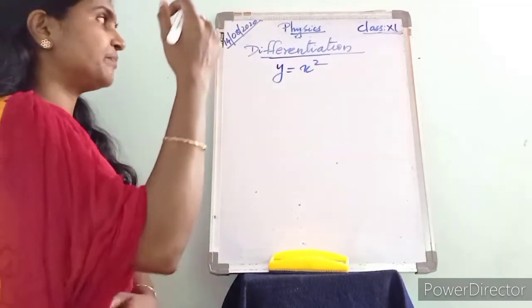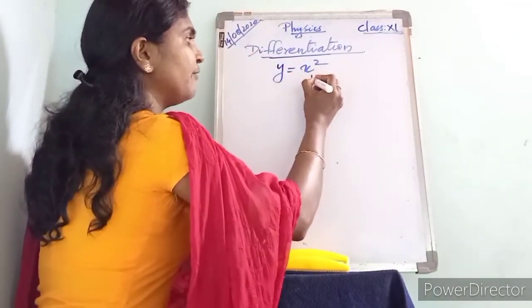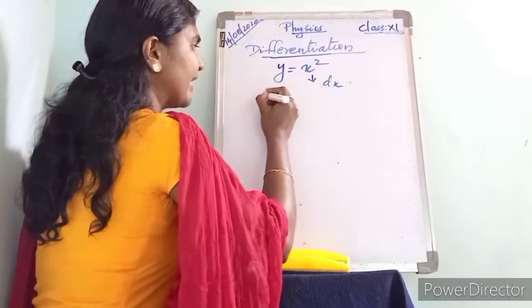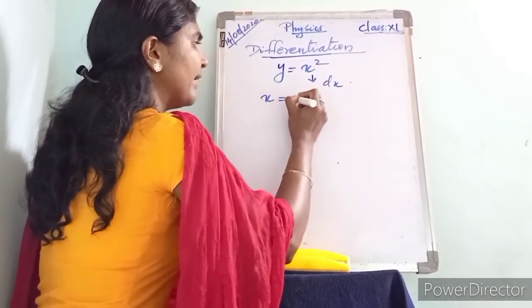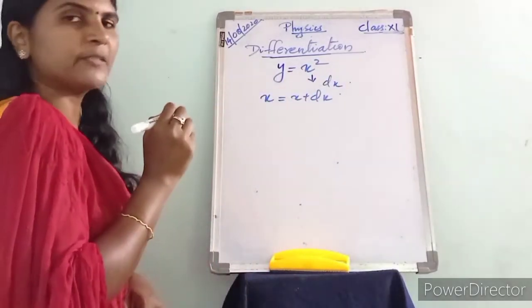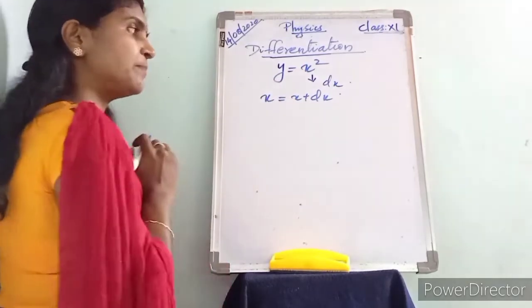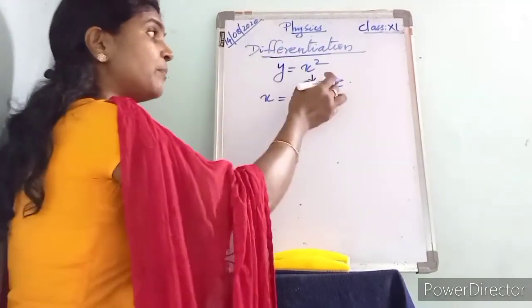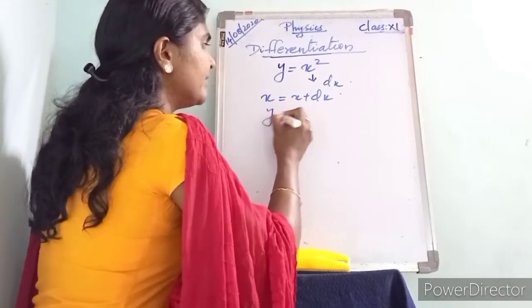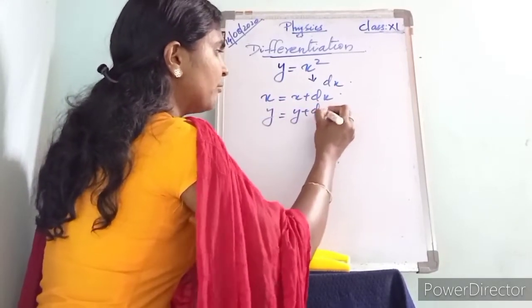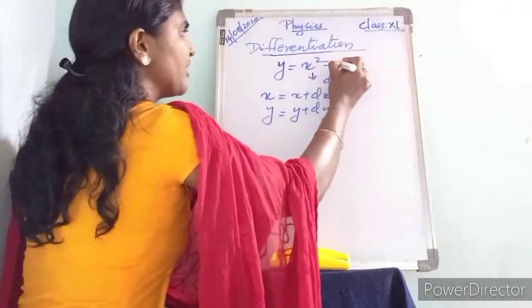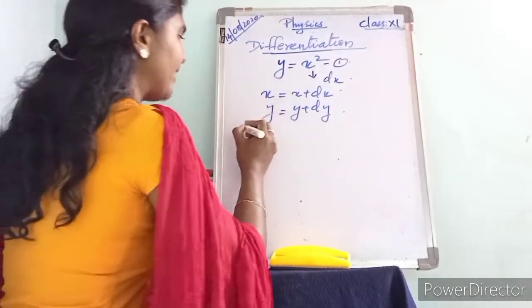Suppose we increase x by dx, so x becomes x plus dx. Then what about the change in y? y becomes y plus dy. Let it be equation number 1. Then we can substitute the values.